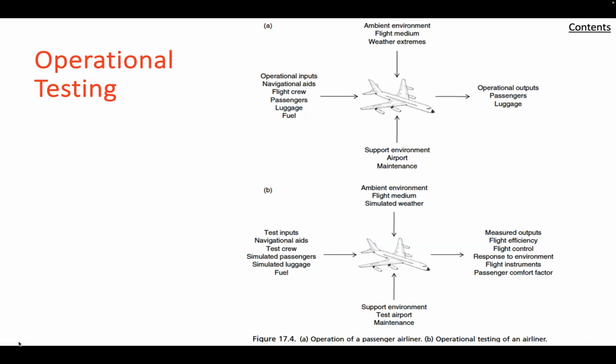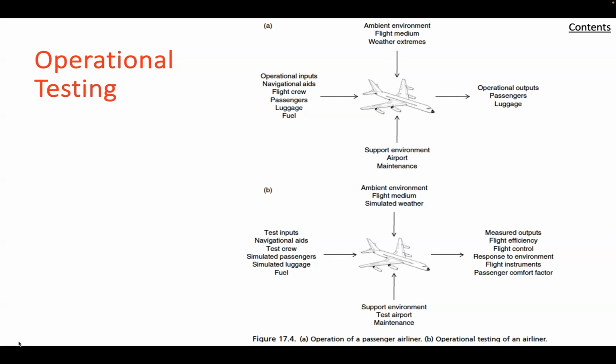The diagram lists the principal operators, the principal operational inputs and outputs, together with the ambient and other environments that contribute to and affect the operation of the system. The principal inputs besides passengers and luggage are fuel, flight crew, and navigation aids.